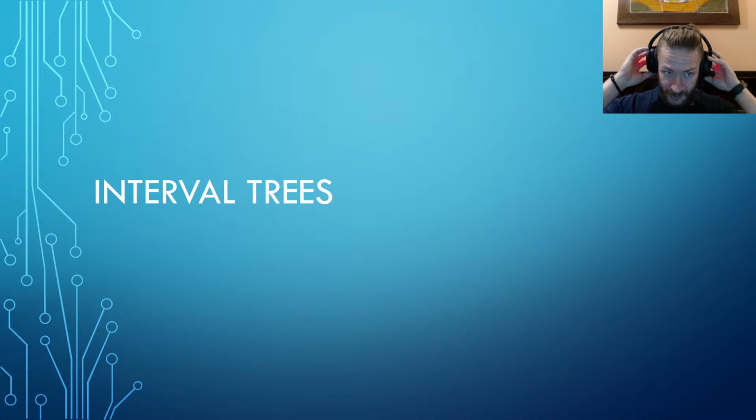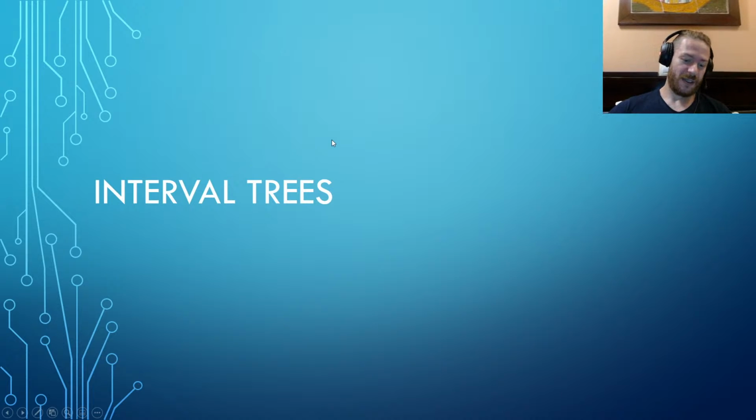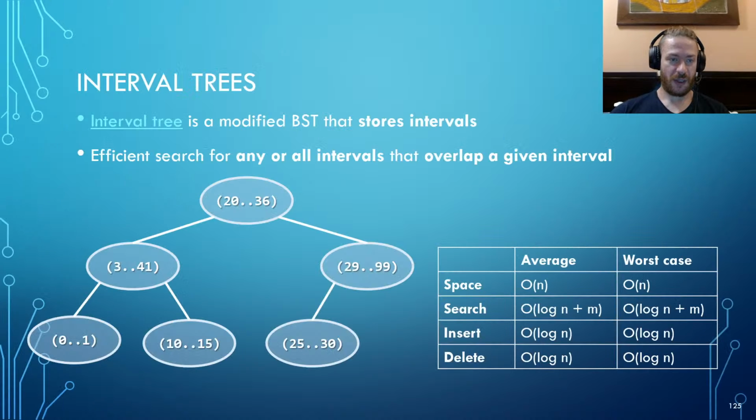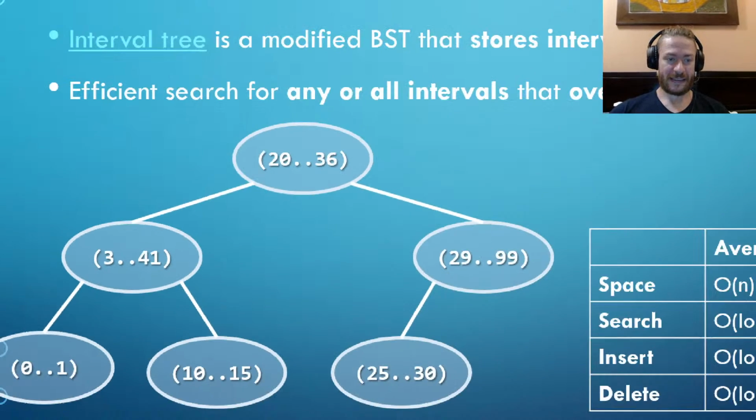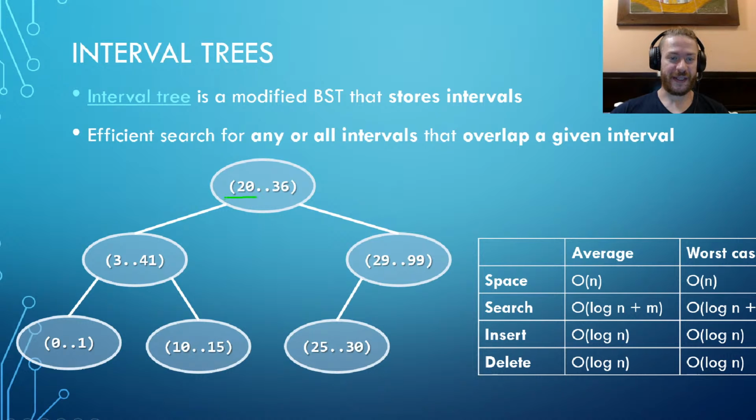Okay, so we need to continue with the interval trees. Interval trees are like a binary search tree but for intervals. They look like this. Every node contains an interval, for example, a range from 20 to 36, from 3 to 41, from 10 to 15.